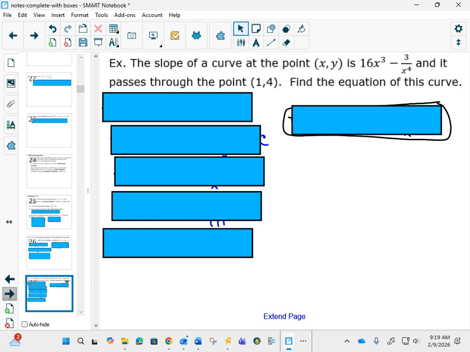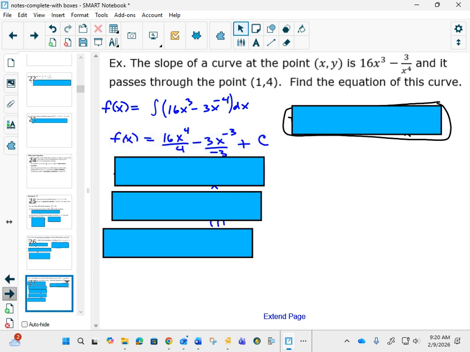Once you know that it's that kind of question, solving it is not hard, right? We need to find the integral of that. Add 1 to the exponents and divide.